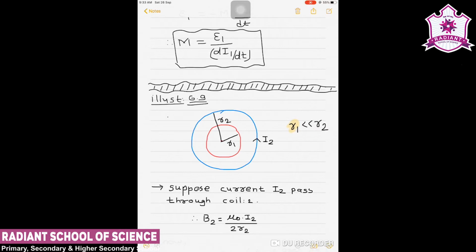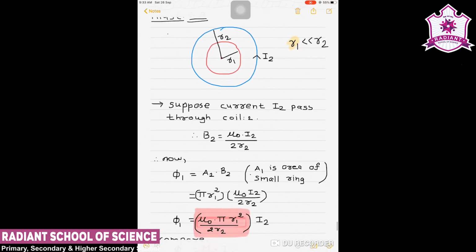Now the flux linked with coil 1 is given by A into B. Ring 1 has the smaller area, so we consider the area of the small ring and the magnetic field of the big ring, that is A1 into B2.